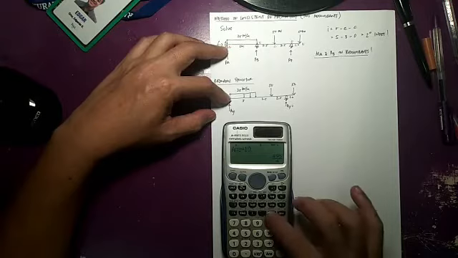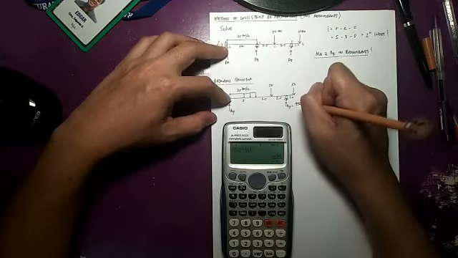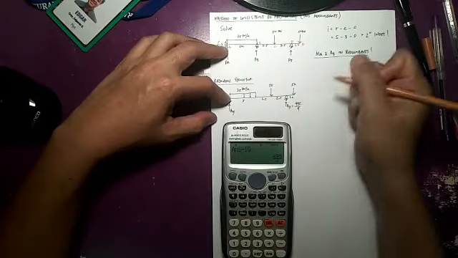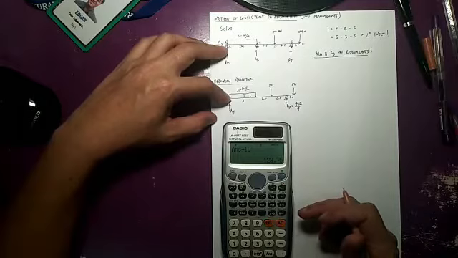So our DY would be 495 over 4, or 123.75.